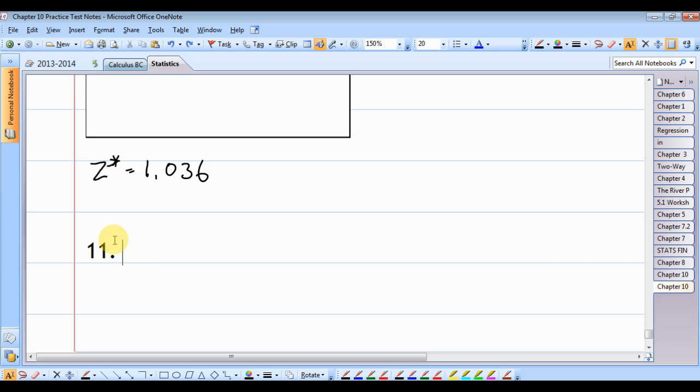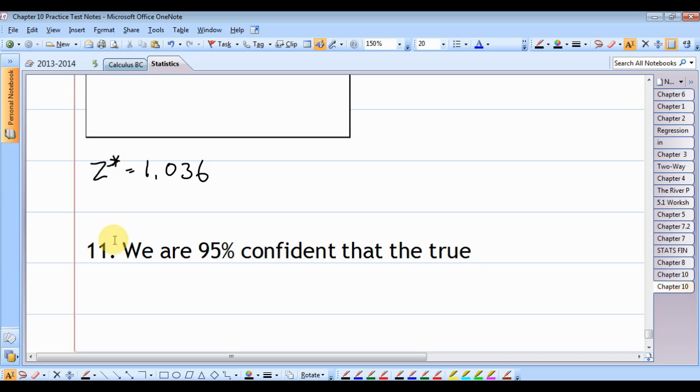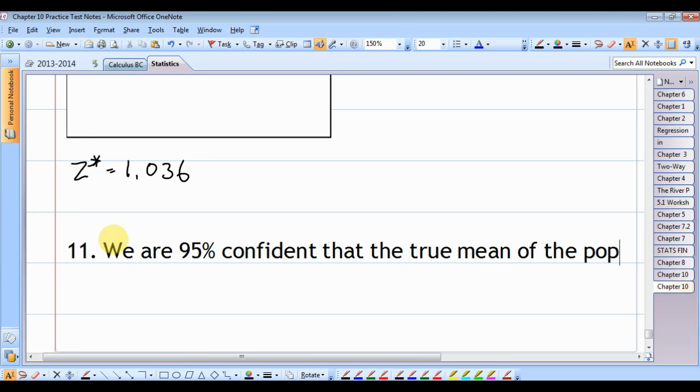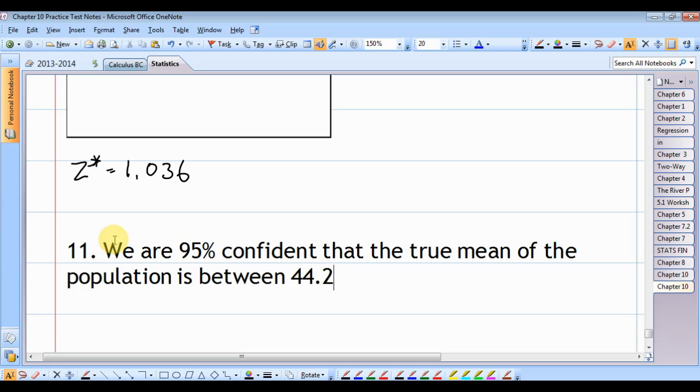This is a bit open-ended, but we are 95% confident that the true mean of the population is between 44.2 and 54.2. No.